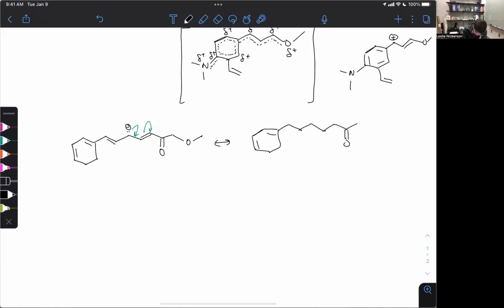Oh, why did I make this so long? Okay, so then we end up here. Now at this position, oops, I'm missing one. There we go. I was missing this arrow to make a pi bond right there. Okay, so this negative charge is next to this pi bond, so I can go another one.